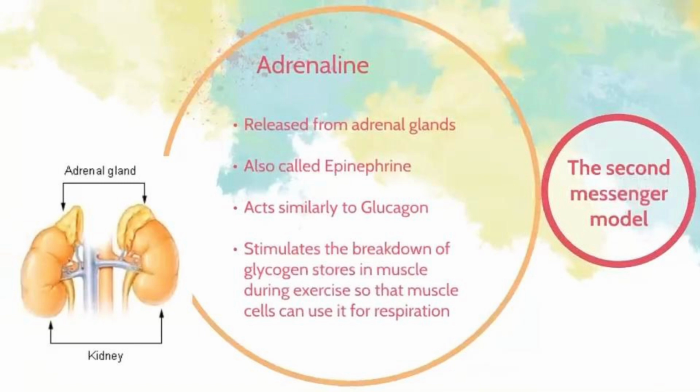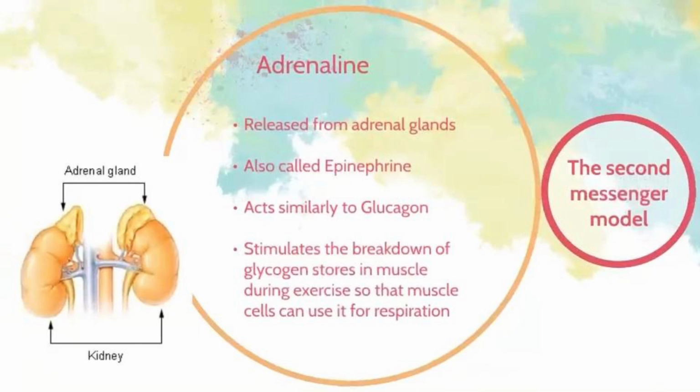So adrenaline is really used more short term, and especially when we are exercising or if we need to escape a situation. So if you're in fight or flight, then that will allow you to have adrenaline release, which will cause this breakdown of stores to allow glucose to be released, and that allows us to have the energy to undergo respiration in the muscles so that we can either fight or run away.